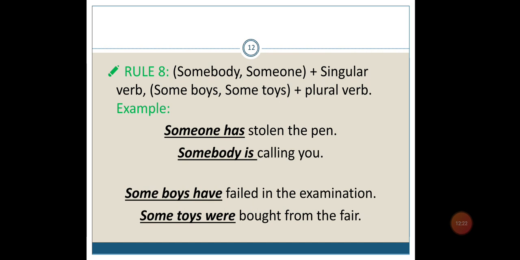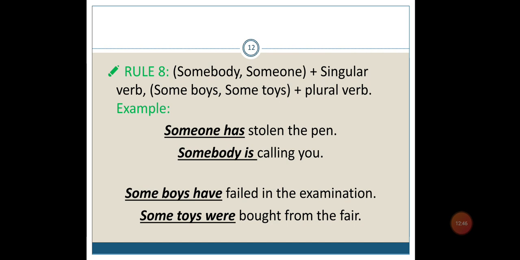Rule 8. After somebody, someone, we use singular verb, but after some boys, some toys, if the word some is followed by plural nouns, then we use plural verb.